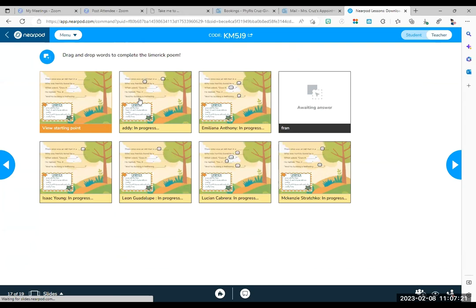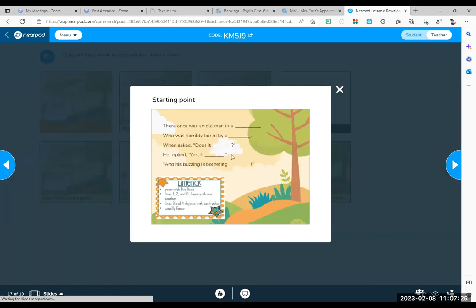Okay, so I'll read it one more time. There once was an old man who was horribly bored by, when asked, does it, he replied, yes, it, and his buzzing is bothering.